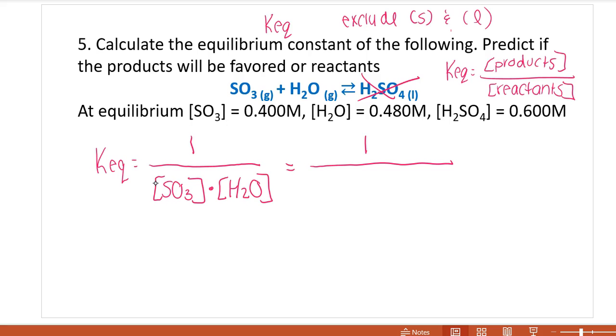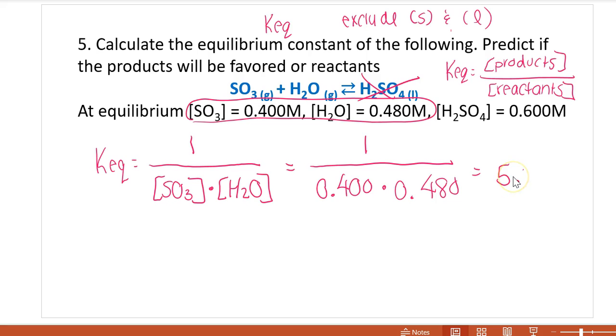Now we just need to plug in our quantities and solve. These are given to us in the problem. And we should get KEQ is equal to 5.21.